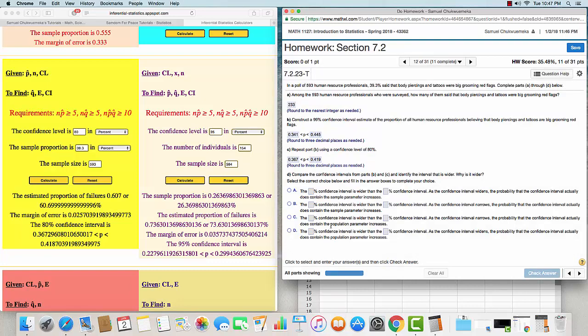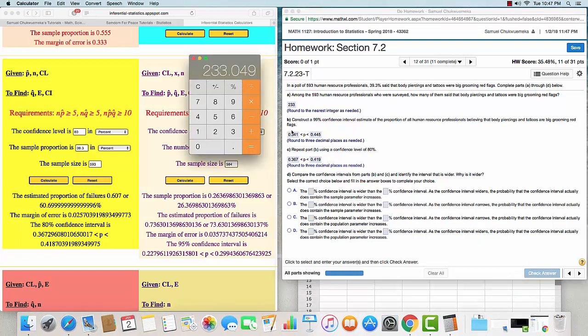Compare the confidence intervals from parts B and C and identify the interval that is wider. Why is it wider? This is what they mean, the width of the confidence intervals. So for the 99% confidence interval, the width is the upper confidence limit minus the lower confidence limit.